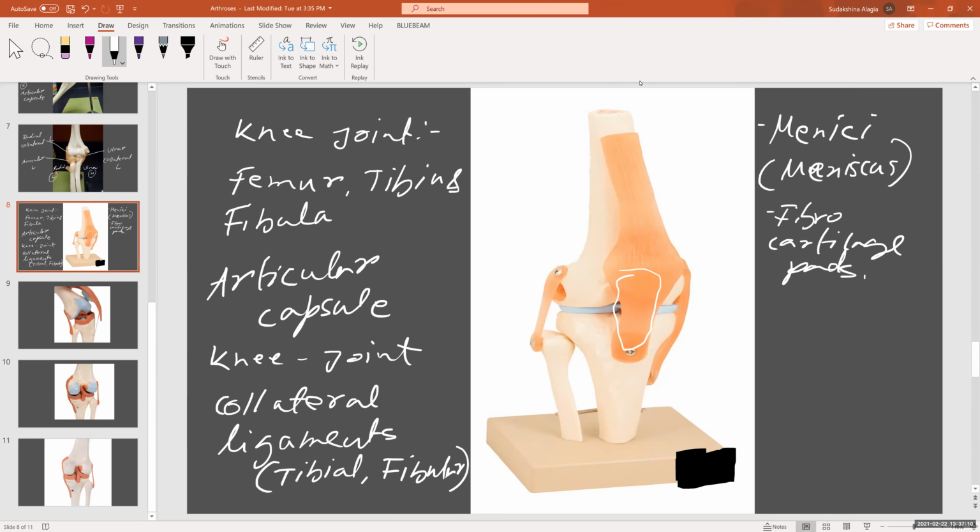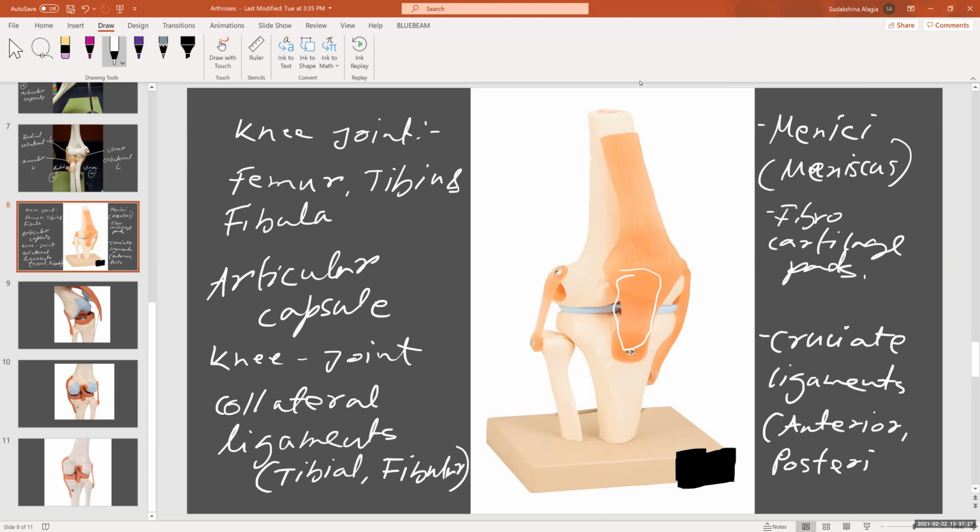Then we also have two cruciate ligaments. One is anterior, the other one is posterior.